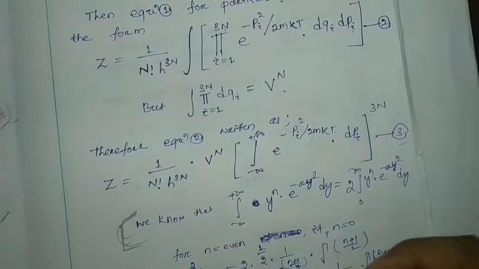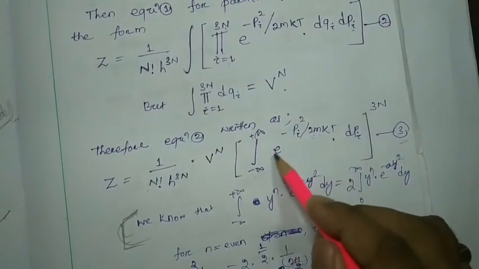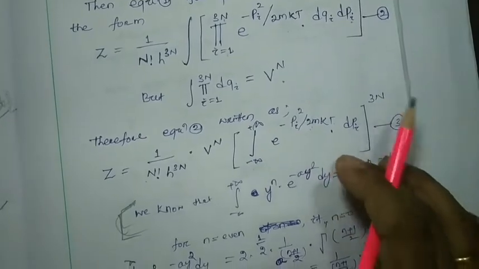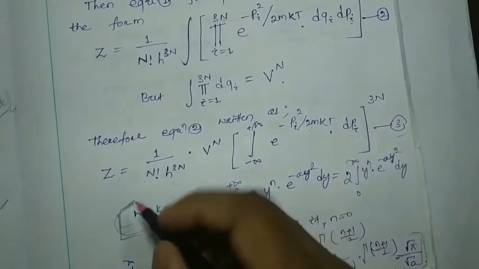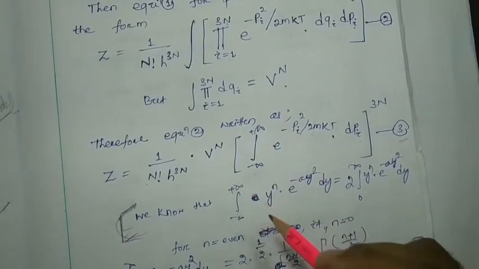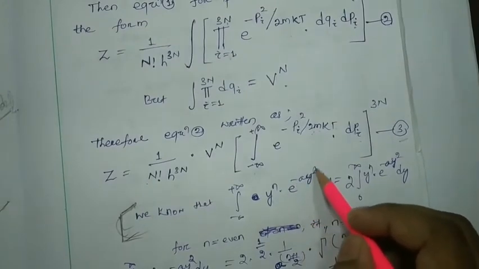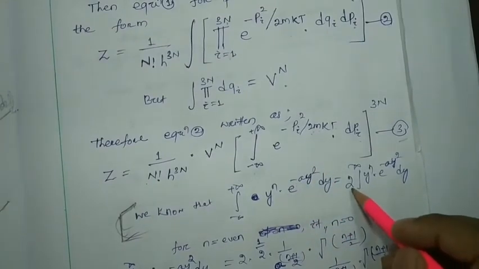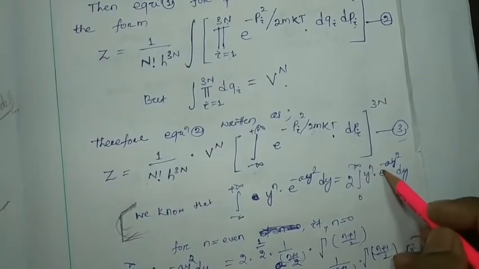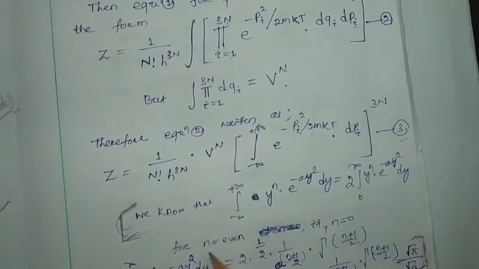Now we have to evaluate the integral from minus infinity to plus infinity. How much will it be? We know that in general, the integral from minus infinity to plus infinity of y to the power n e to the power minus a y square dy is nothing but 2 into the integral from 0 to infinity of y to the power n e to the minus a y square dy, just multiply by 2 whenever n is even.